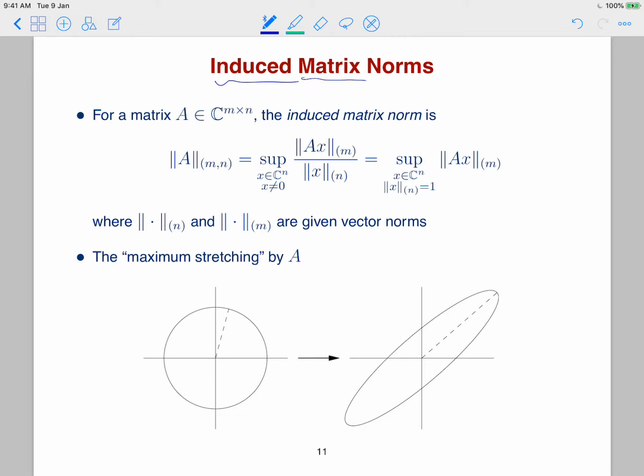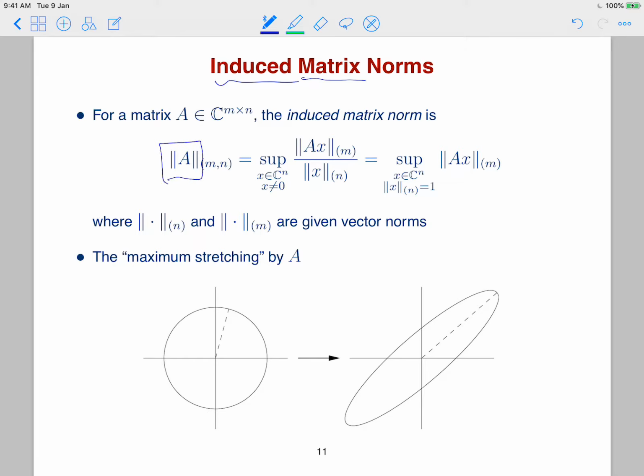It is like, we want to compute the matrix norm, but we actually apply some vector norm concept when computing the norm of a matrix. So that way we induced, or applied, or were inspired by the vector norm to compute the matrix norm. Let's look at the definition over here.